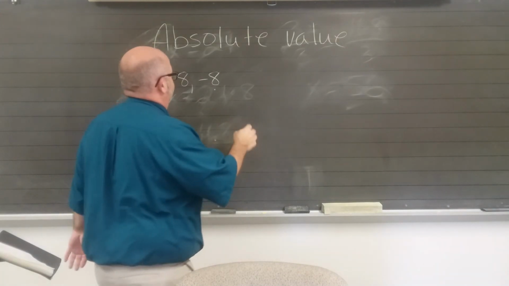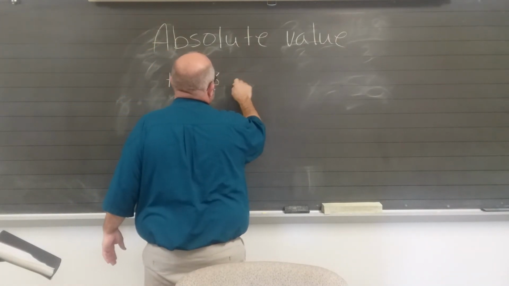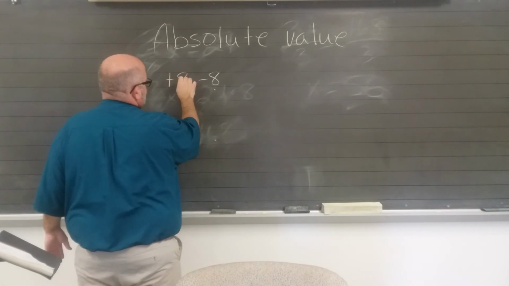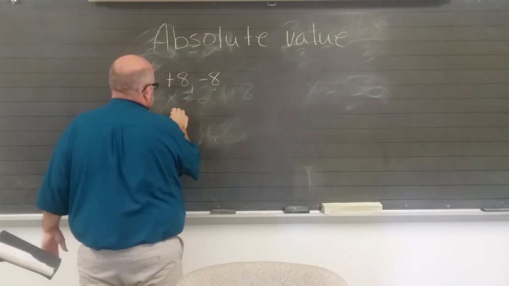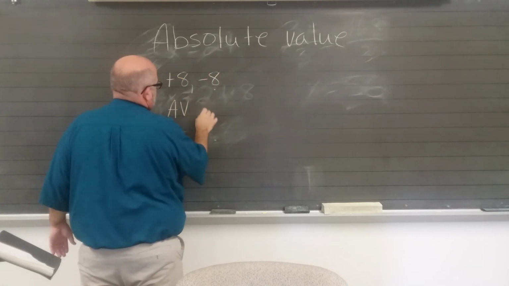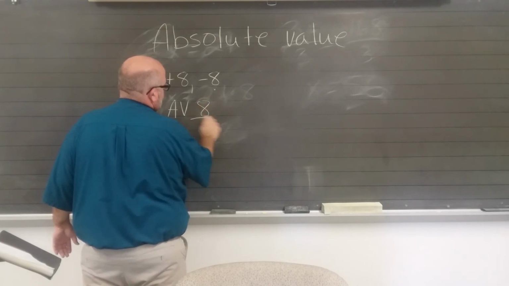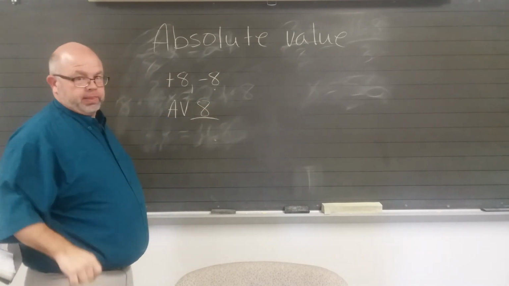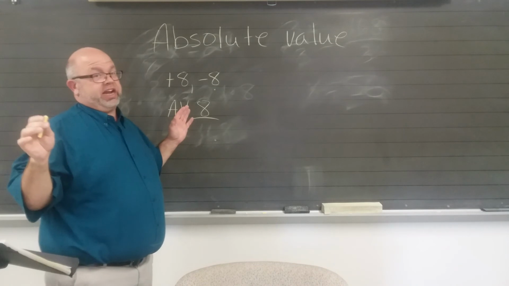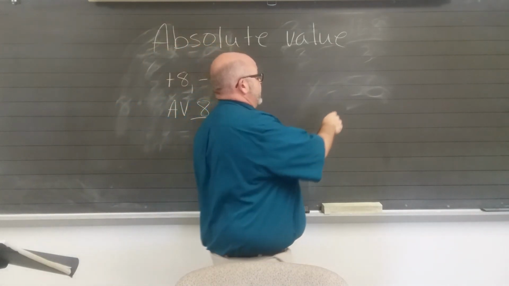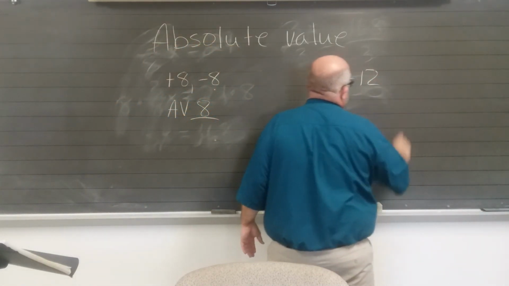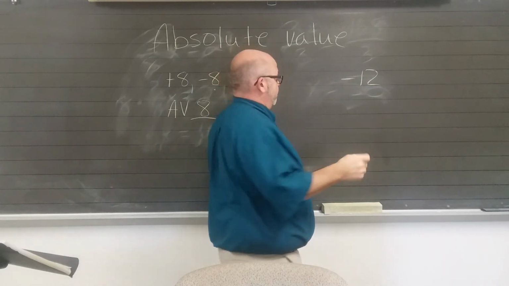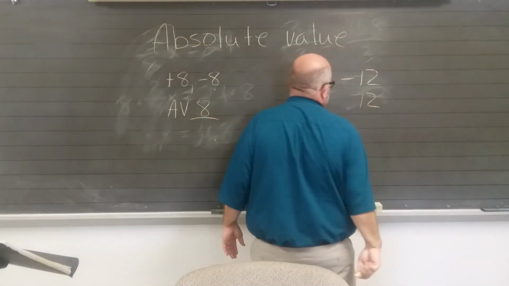Okay, the absolute value, I'll just put AV, the absolute value of plus 8 and negative 8 is the same thing. Absolute value is 8. Okay? So it doesn't matter what the sign is. If it's a negative sign, negative 12, the absolute value is simply 12.